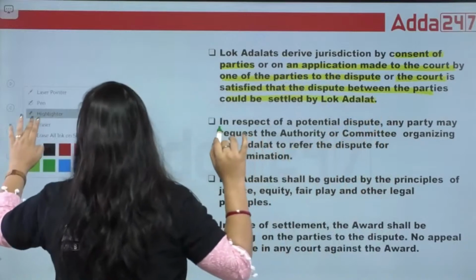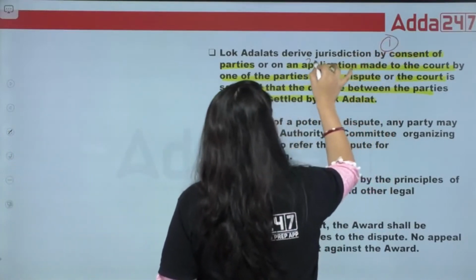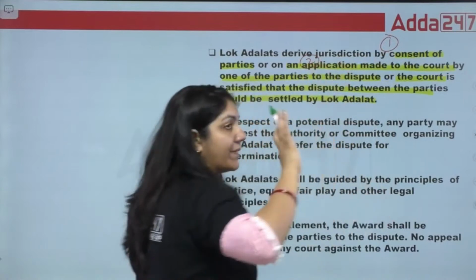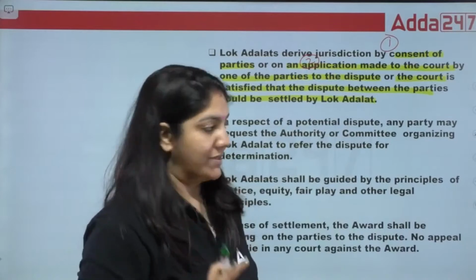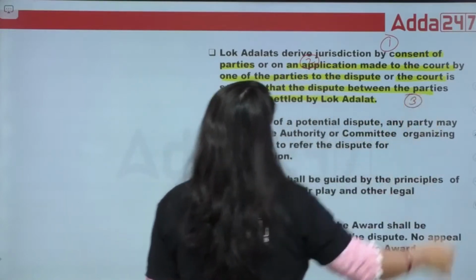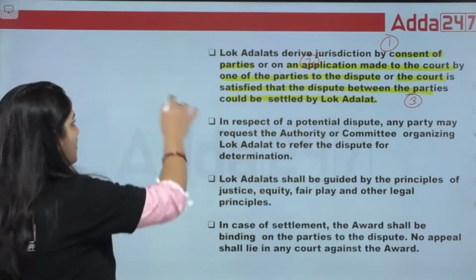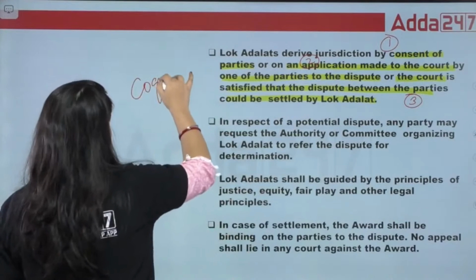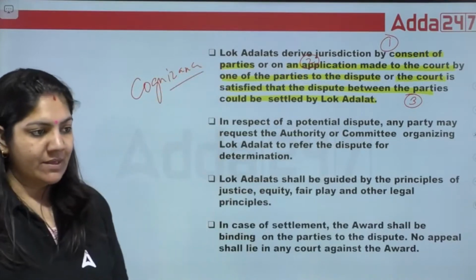It means there are 3 ways that are written: consent of the parties, when one party files an application and prima facie the court is satisfied that yes, this matter can be solved by Lok Adalat, and the third point is if the court is satisfied that the dispute can be solved by the Lok Adalat. So these are the ways in which Lok Adalat can take cognizance of the matter. Is that okay?